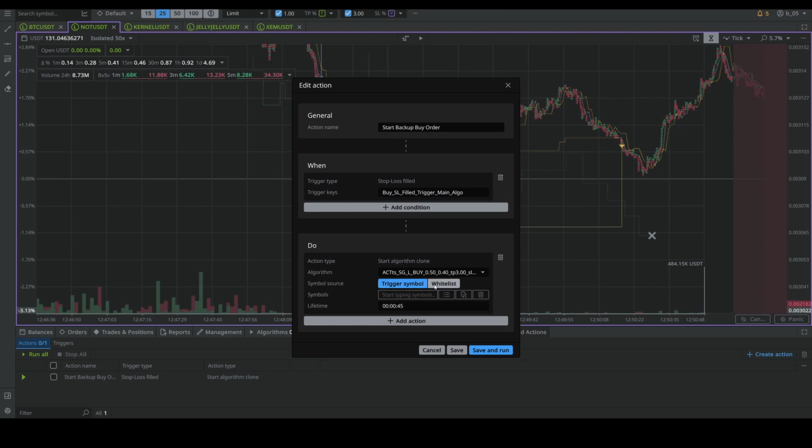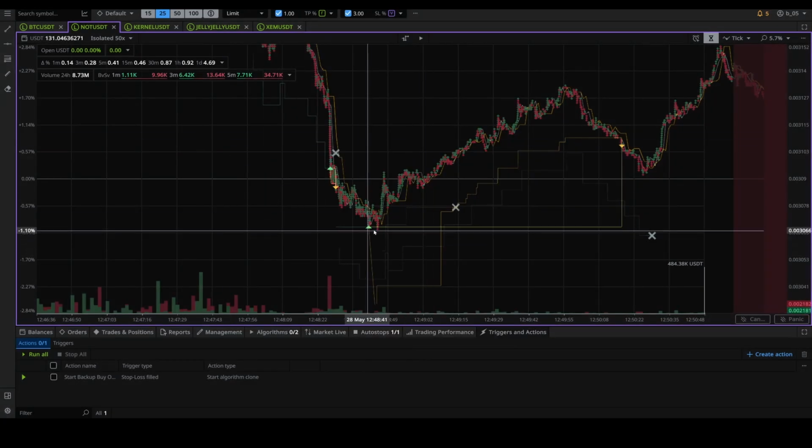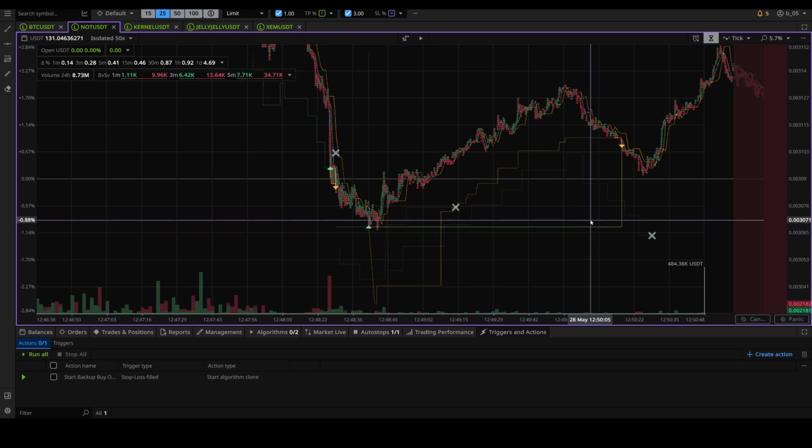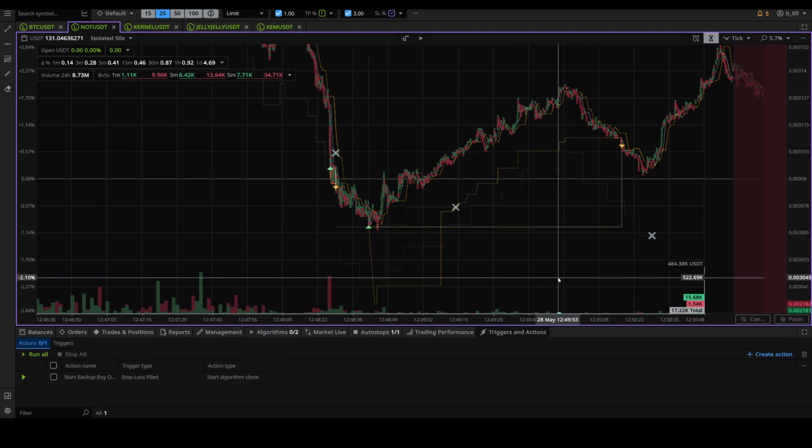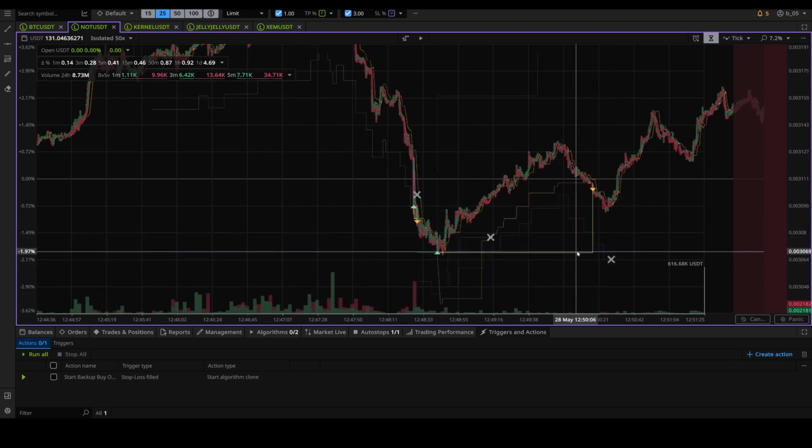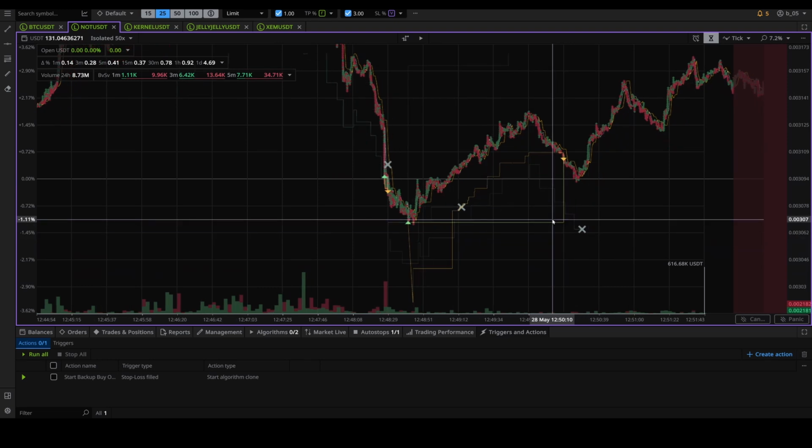So you take the symbol, and then there is also a lifetime, which means how long this cloned algorithm is being active. So here I set it at 45 seconds. So if in 45 seconds we do not get a trade like this one here, then we cancel this and no backup worked at this particular point in time.